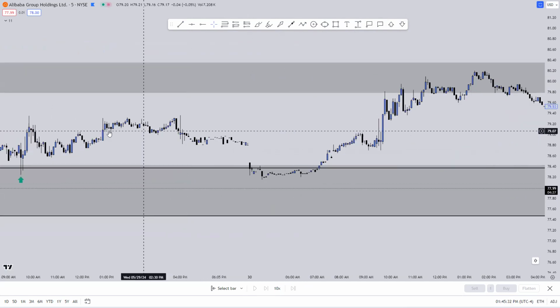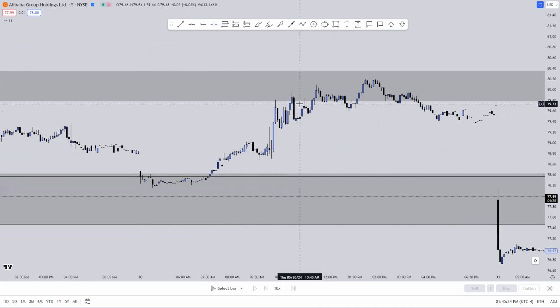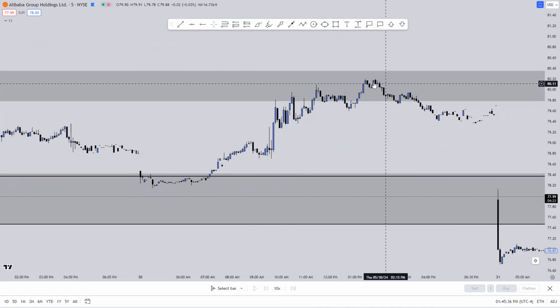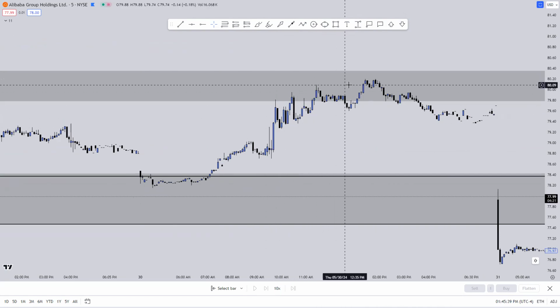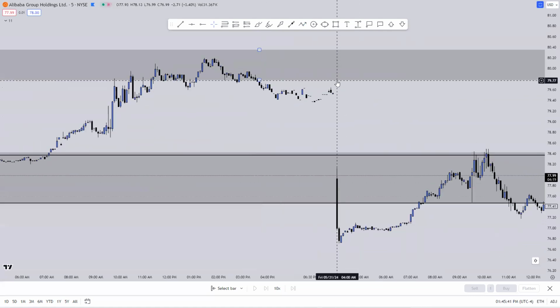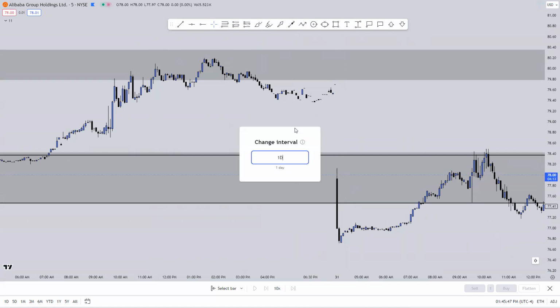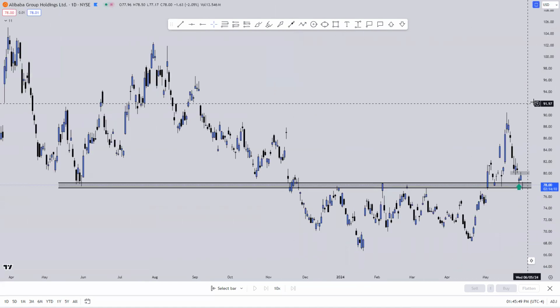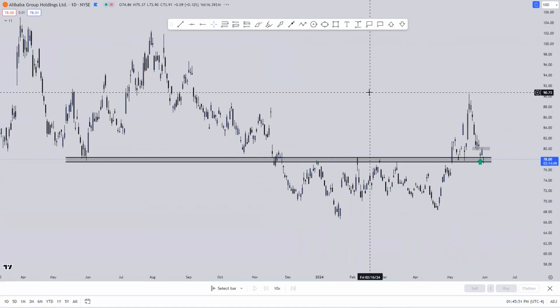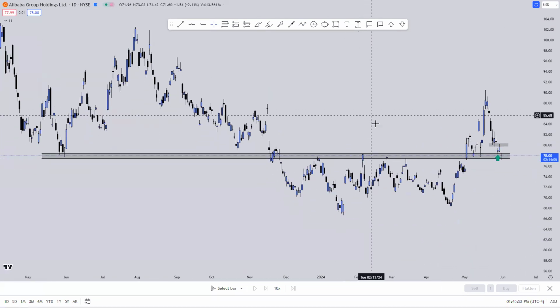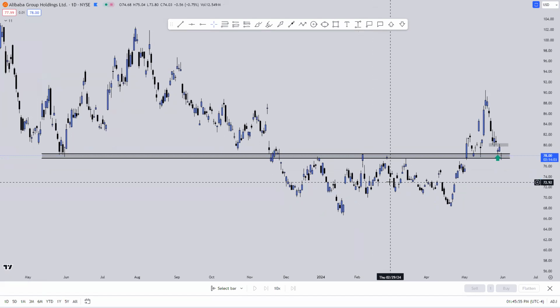So we entered here, chopped around a little bit, made it move all the way up, and we entered into supply. And this is where I exited the trade. And you can see once we get up into the supply area, then it just gapped down. All right. So that's one approach to deciding where you want to exit your trades.